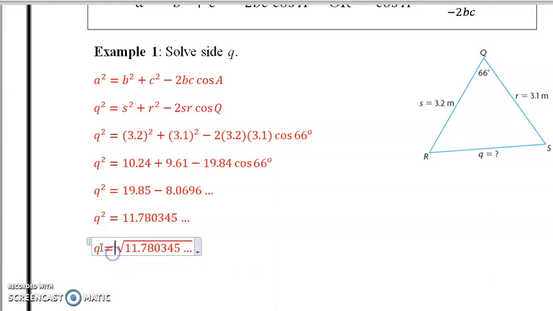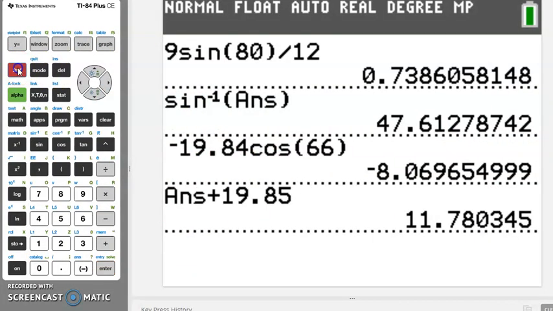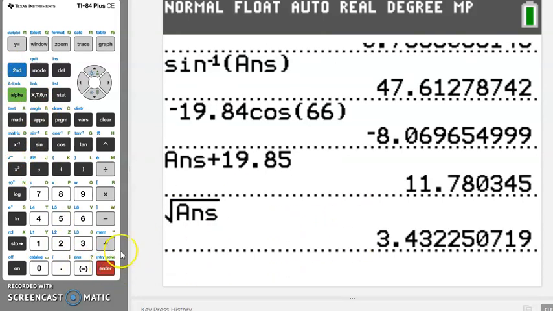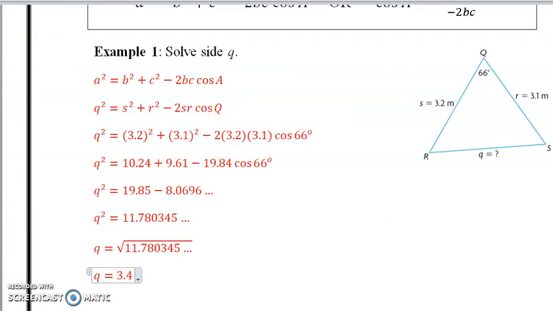And when we do that, we get Q equal to, so I'll do second function, square root, second function answer. So that means I'm taking the square root of that number that's there, hit enter, I get 3.43225, and so on.